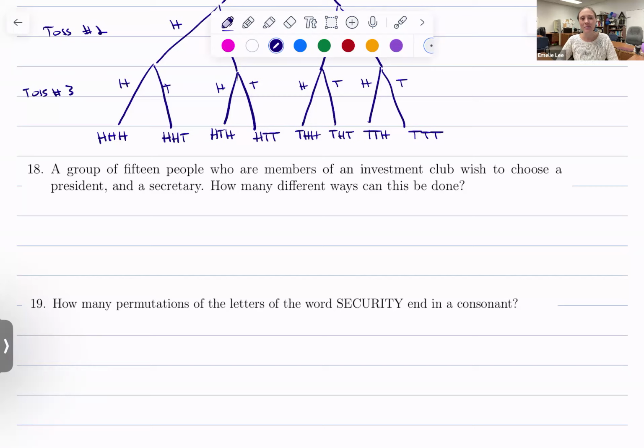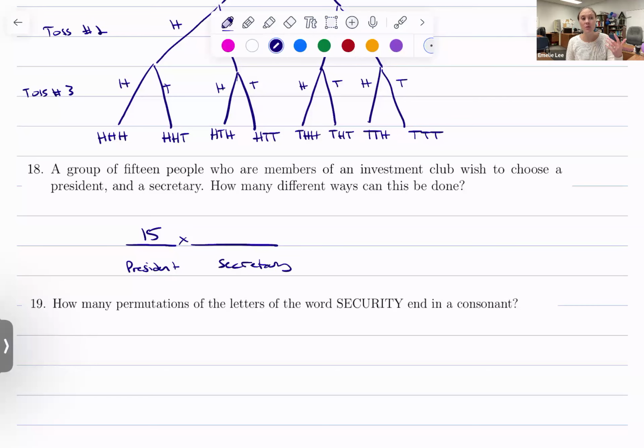Then it's a permutation. Okay. So I have my president, and then I choose my secretary. Now we have 15 people, and they're going to pick one of them to be the president. So 15.